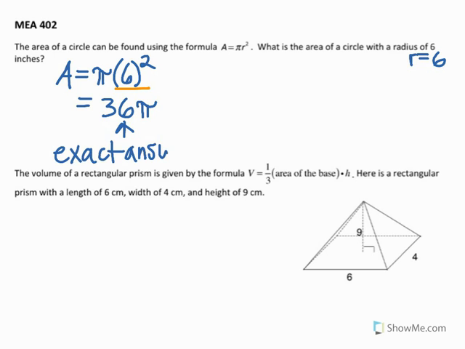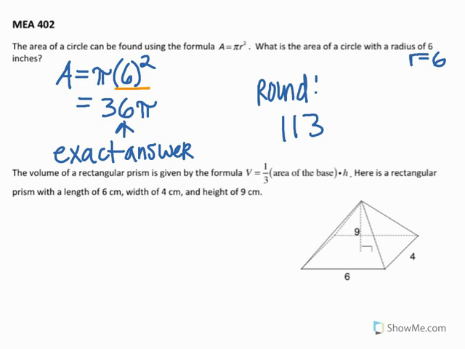This is what's called our exact answer. Most times we're going to be asking for the exact answer, or leaving it in terms of pi. But occasionally we might ask you to round. In that case, we're going to want to type this into our calculator. Always use the pi button, and you're going to get 113, and in this case, let's round to the nearest thousandth.